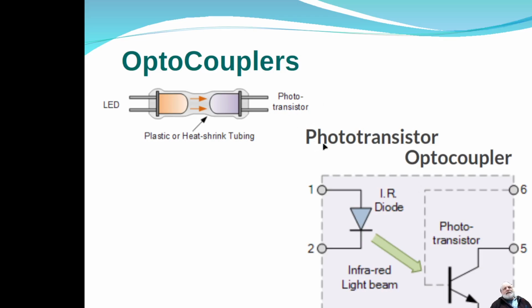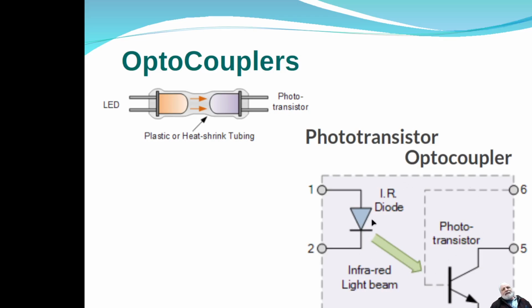So here's just a picture of an optocoupler. On the left hand side is usually an LED, and then the right hand side is what they call a phototransistor, where the base of the transistor, instead of being activated by electrons, is being activated by infrared light.